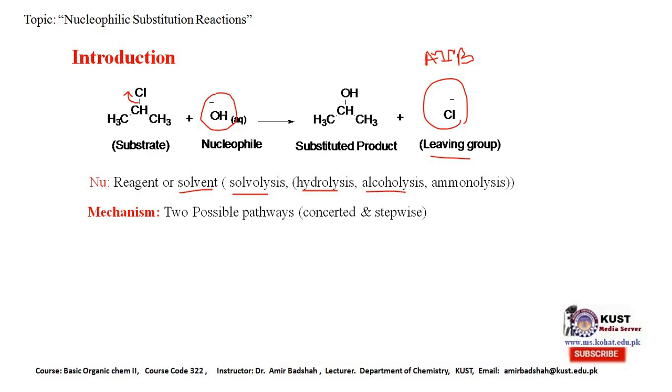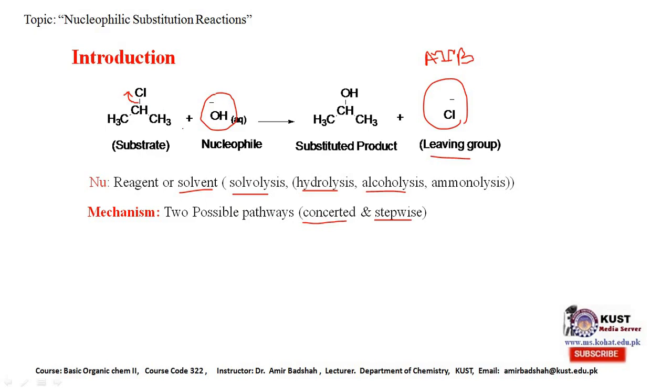How does this reaction take place? What is the stepwise mechanism of this reaction? There are two possible pathways for this reaction to be carried out. One is concerted, which takes place in a single step, and the other is stepwise. If the attack of the nucleophile and the leaving of the leaving group take place simultaneously, it is called a concerted mechanism.